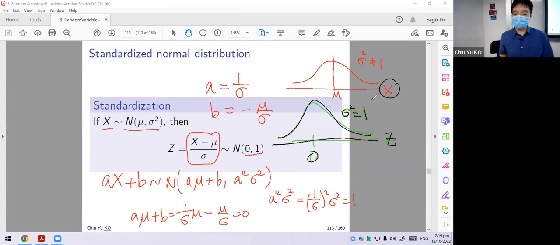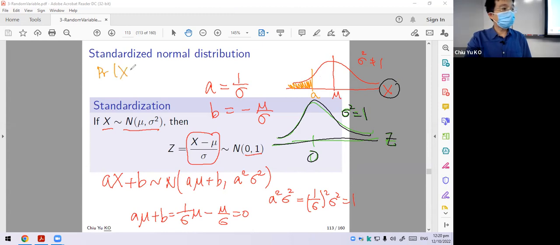The reason is that, as I said, we want to calculate this probability: there is some number a here, and we want the probability that X is less than or equal to a. Remember, there is no hand calculation method for this; you need to calculate an integration on a computer.